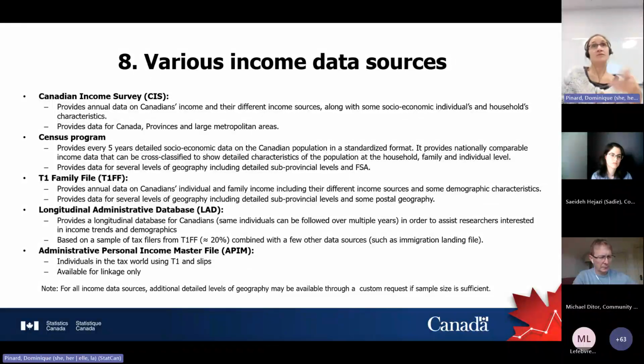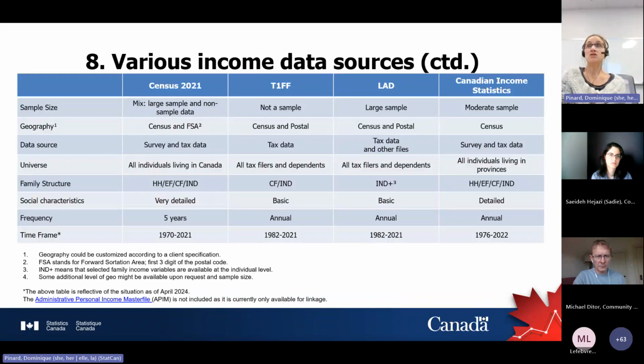So any of these programs usually can do some custom tabulation except for the APIM at the end. We need to have a sample size that's sufficient to be able to release data, and there's data quality also that comes with smaller sample size. So this is just a little summary of what I discussed.